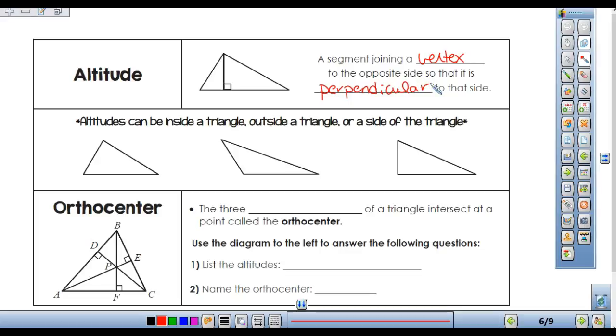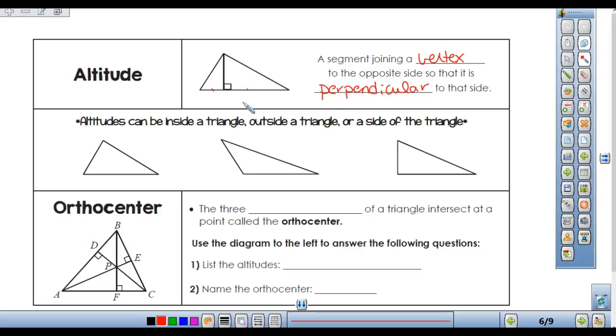So what's the difference between an altitude and a perpendicular bisector? Well, this one's perpendicular. That's what perpendicular means. Yeah, it's not a bisector, so it's not going to cut the opposite side in half. So the difference between an altitude and a perpendicular bisector is that it doesn't bisect it.